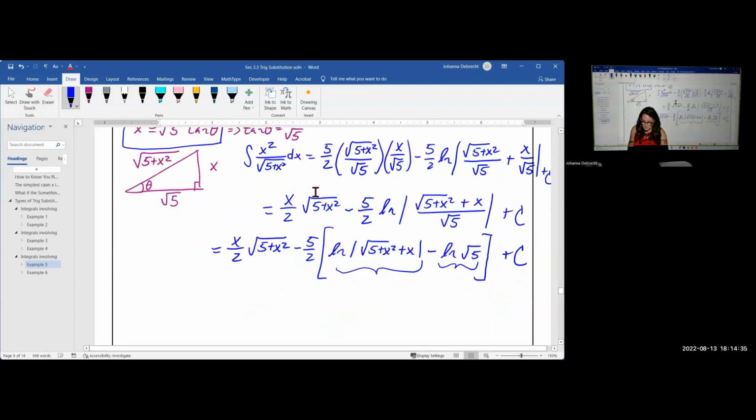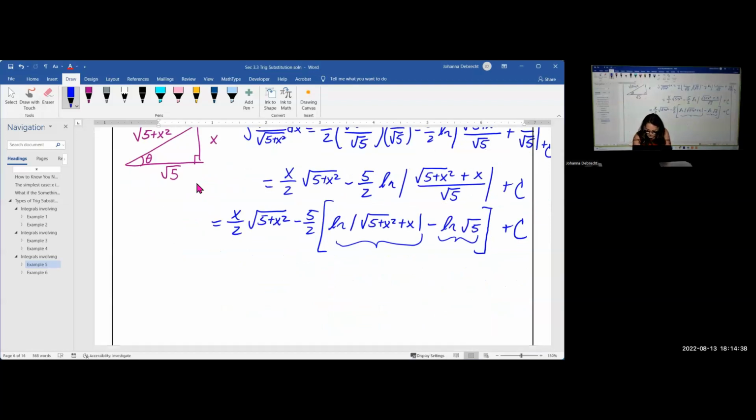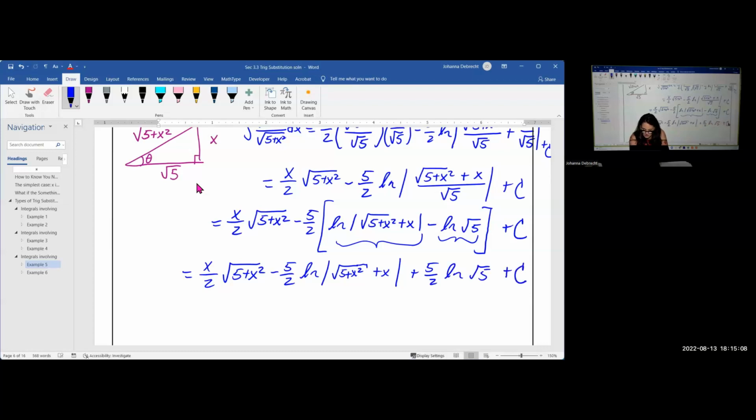So let me take two steps to write it out so I don't lose some of you, because at this point you're probably a little bit brain dead and pretty tired, and we still have one example to go. So we have minus 5 halves natural log of the absolute value of square root of 5 plus x squared plus x, plus 5 halves natural log of the square root of 5, plus c.